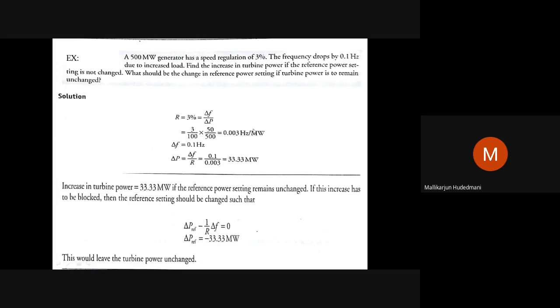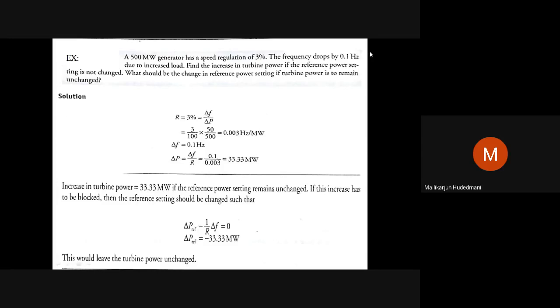It is called hertz per megawatt. But what is the problem statement? The drop noticed is 0.1 hertz. Droop is 0.003 hertz change for every megawatt, or for every drop of 0.003 hertz, a 1 megawatt change is experienced. That is called droop. So it should be seen from the governor's point of view: a 0.003 hertz change will increase by a megawatt.